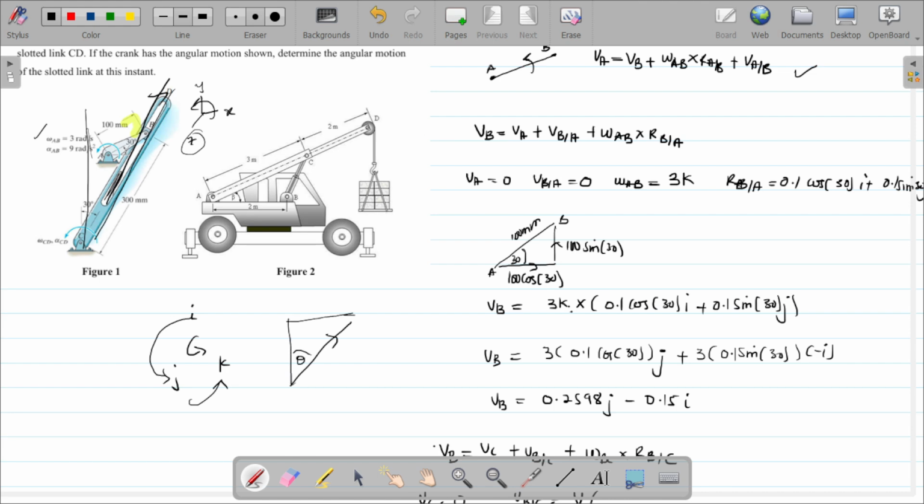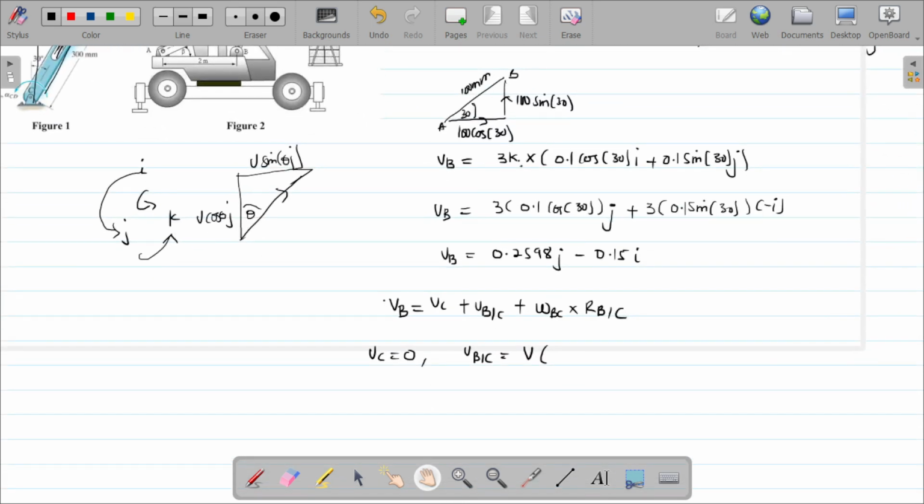I said earlier the vertical is making the angle with the hypotenuse, so this becomes v cos theta j, and then v sine theta i. If you factor the v out, we have v times sine 30 i plus cos 30 j.